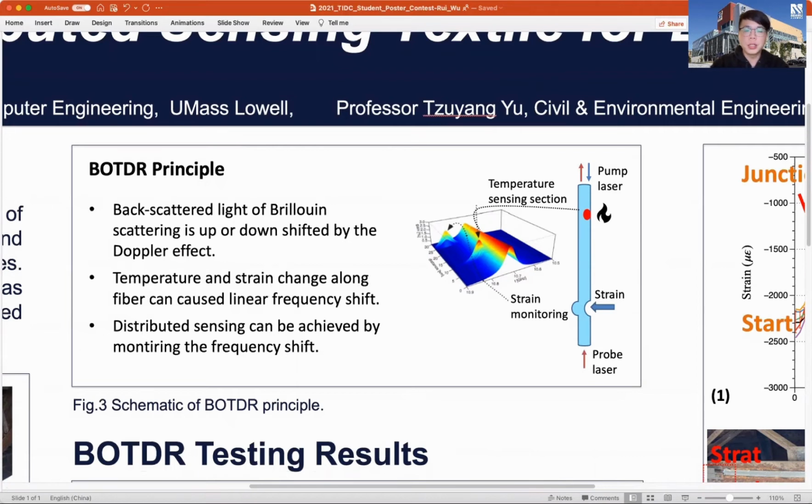The optical frequency of the backscattered light by the Brillouin scattering is up- or down-shifted from the incident light by the Doppler effect. As shown in Figure 3, when the fiber is applied with strain or temperature change, the Brillouin frequency will shift, and by monitoring the frequency shift, the whole fiber can be a distributed fiber sensor.